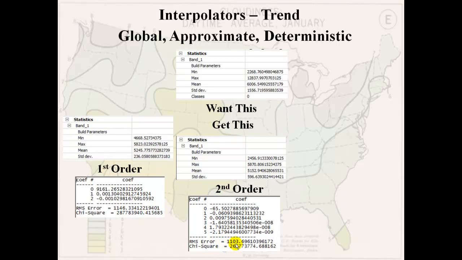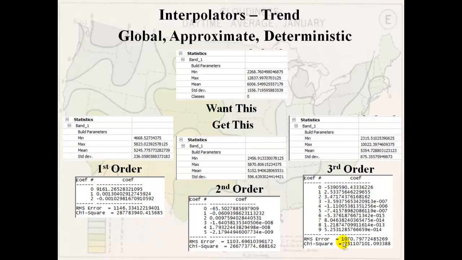Second order is 1103, so second order is a little bit better in terms of RMS error than first order. Third order has an RMS error of 1070, which again in theory is a little bit better than second and a little bit better than first. At some point the absolute values of these RMS errors can mislead you into believing one might be better than another, but it's okay to use this as an estimate of quality of fit.